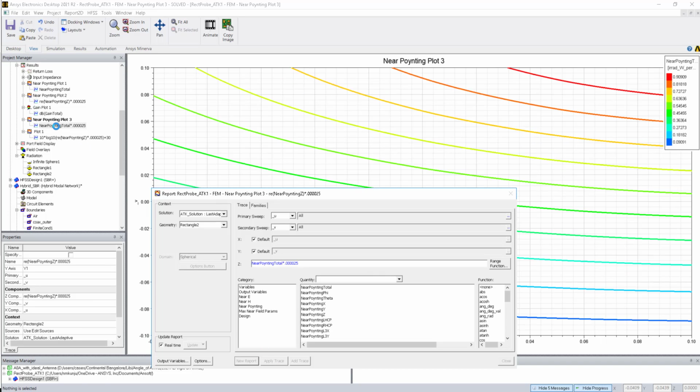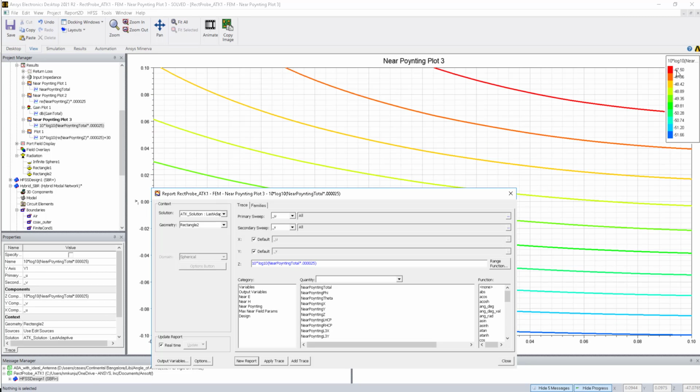Now you can see this is in linear scale. If you want to see it in dB, 10 into log 10, click apply, and you will see that this is about minus 47 dB. As you know, the power decays with 1 by r, or 1 by r square, with respect to distance, right?